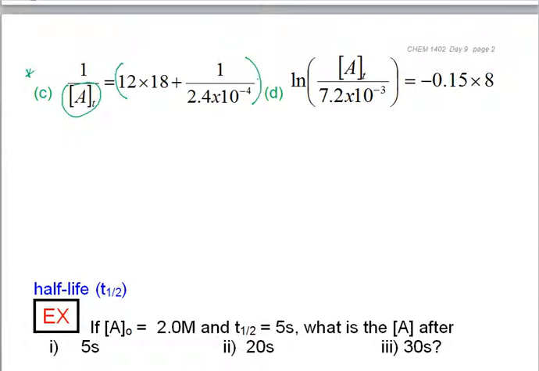It forces itself to. So it's going to hang on to that 2. It's going to figure out what 3 times 6 is first and add it to 2. So that means you can literally plug this all in the calculator without doing anything. Take 12 times 18 plus 1, divide by 2.4 to the 10 negative 4, and you'll have the answer. You just kind of got to trust it.